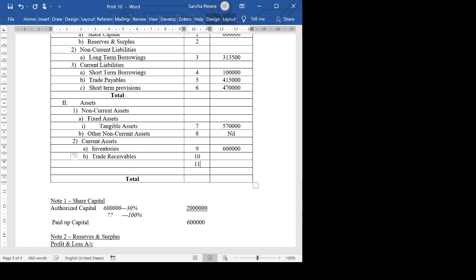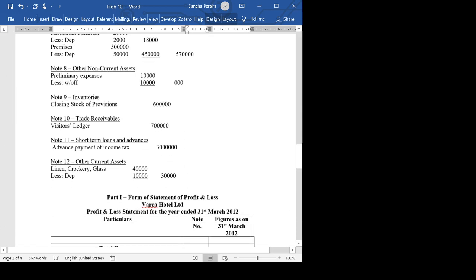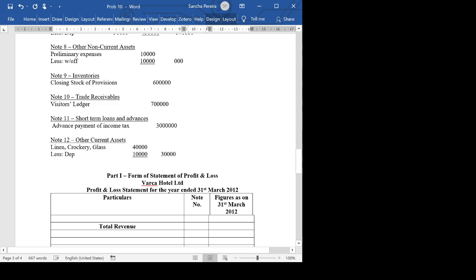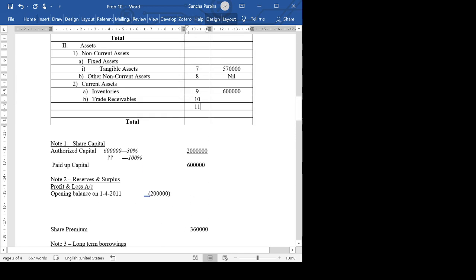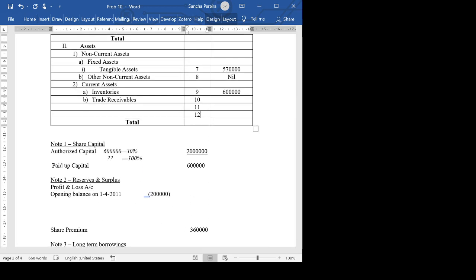Then we don't have cash and cash equivalents, but we have short-term loans and advances and other current assets.